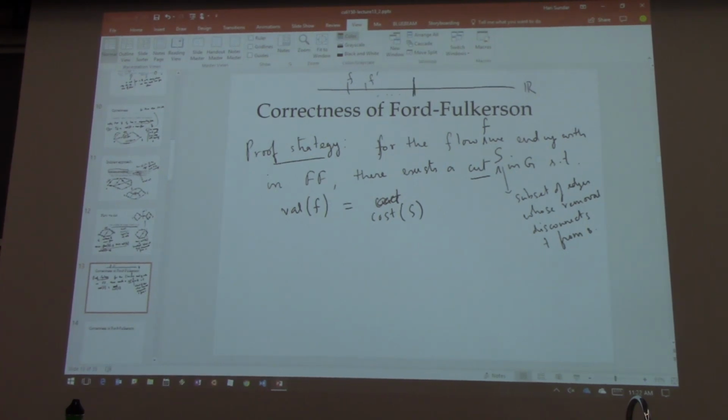And there's the maximum flow. Now you might have some cut S that is out here, you might have some other cut S prime out here, and so on. And then there is the minimum cut, right? So let's call this S star. In the previous slide we said that F star is less than or equal to S star.